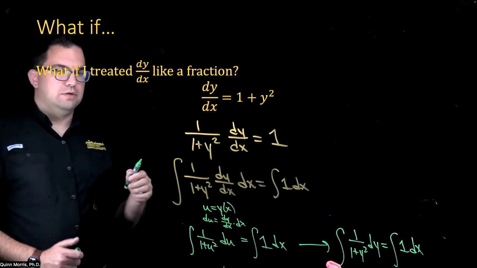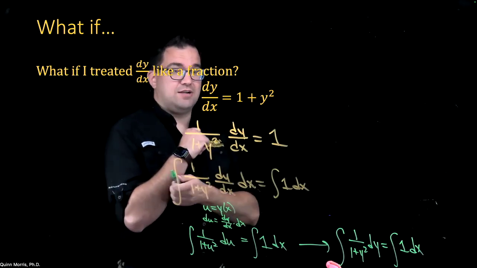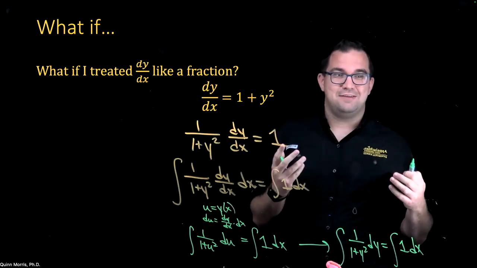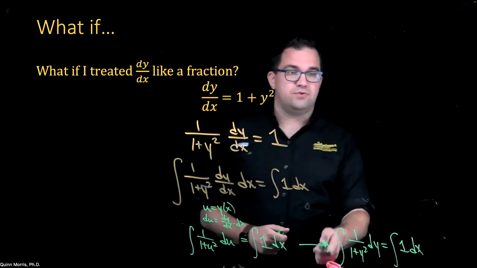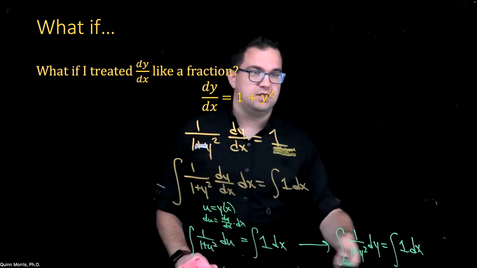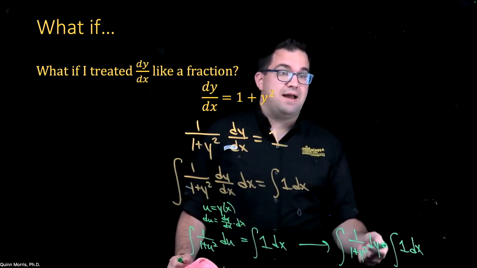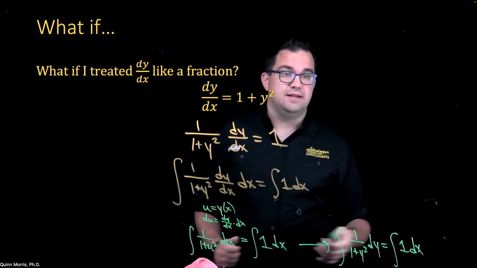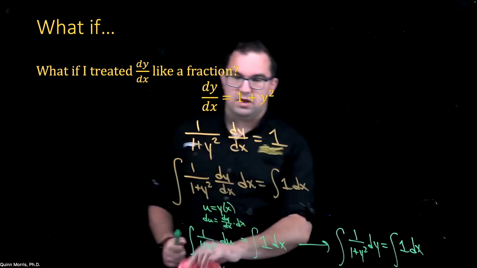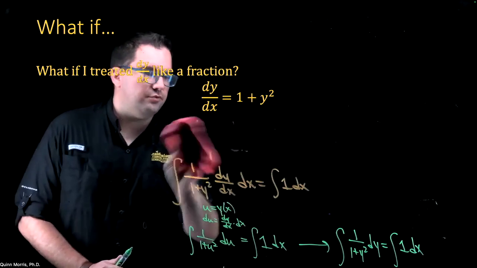So even though treating dy dx like a fraction is not mathematically valid, it's really just some symbolic manipulation that ends you up much quicker in a spot that is a mathematically valid place to end up, okay? So let's actually think about this a little more generally.